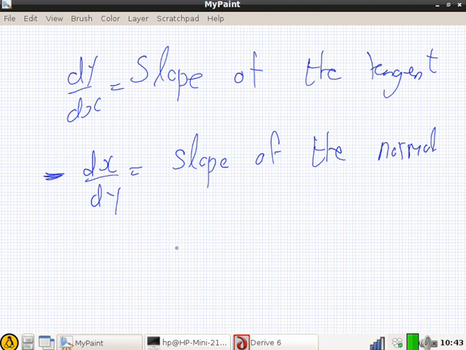But if they just said dx/dy, that is dy/dx flipped, and that's it. If they said slope of tangent, what's that? dy/dx. And what's slope of normal? Minus dx/dy, or in other words, minus 1 over dy/dx. Take care.